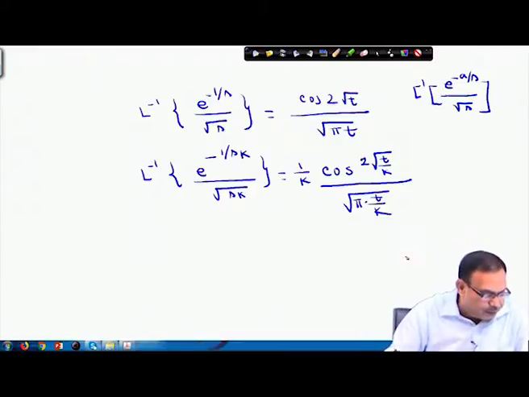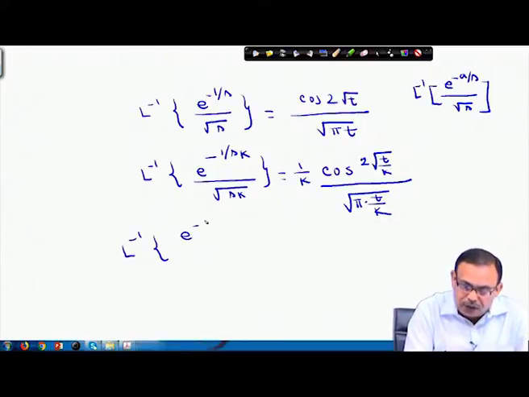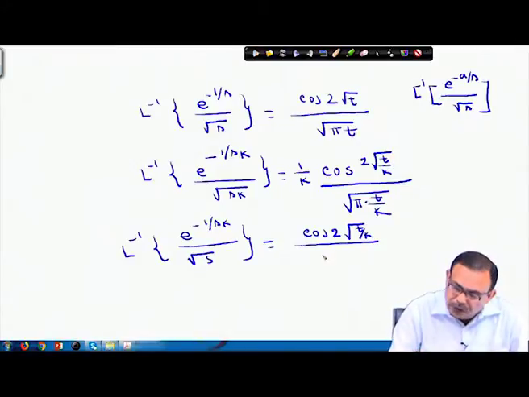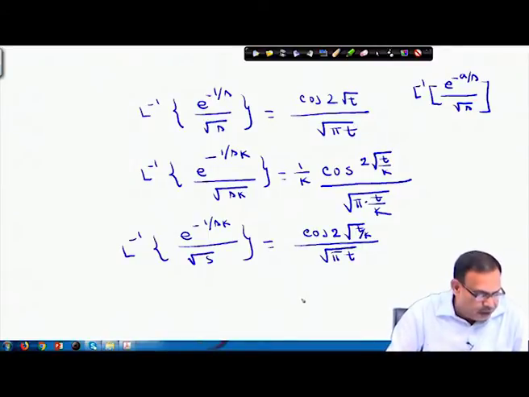Or in other sense, I can write down Laplace inverse of e power minus 1 by s k by root over s. If I take that root outside, then cos of 2 into root over t by k will come here, and this thing will become root pi t, because root k is cancelled and that will cancel with this root k.